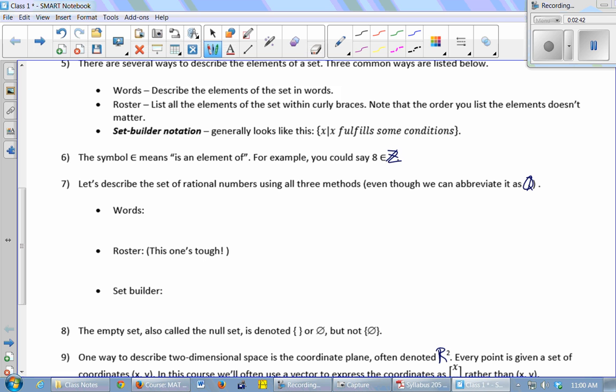So how would you describe the rational numbers in words? What are rational numbers? Numbers whose decimal expansions don't go on forever. Yeah. That is an attribute of rational numbers. But is it the definition? The root of the word rational is a ratio. Go ahead, Tim.